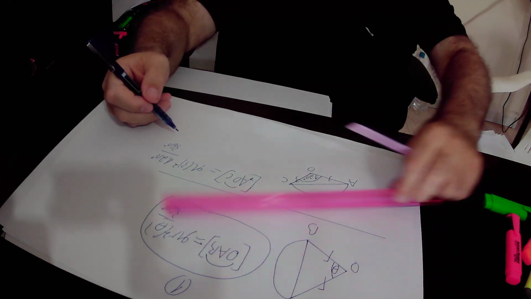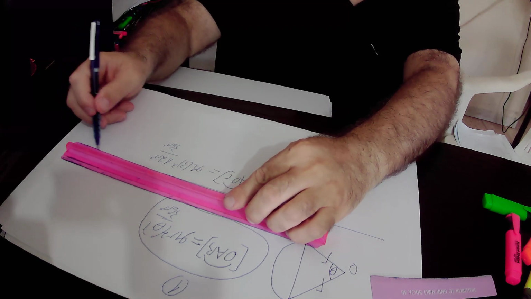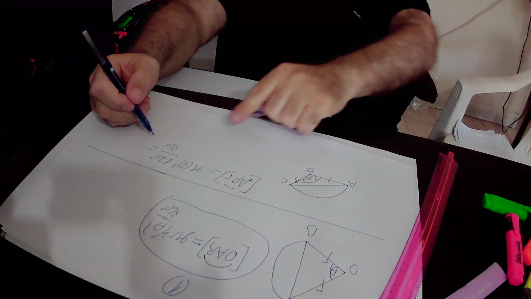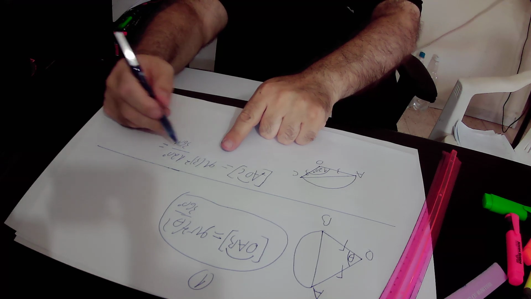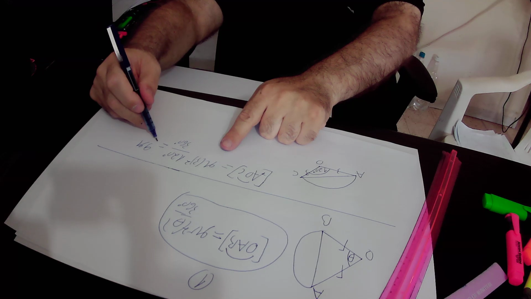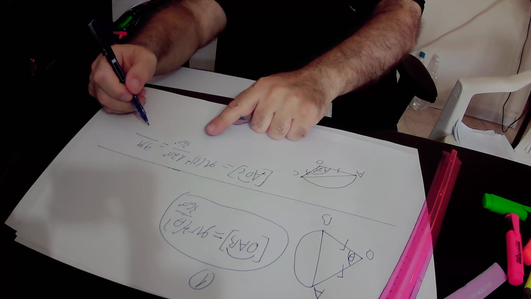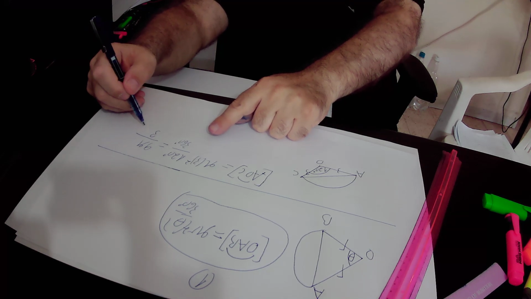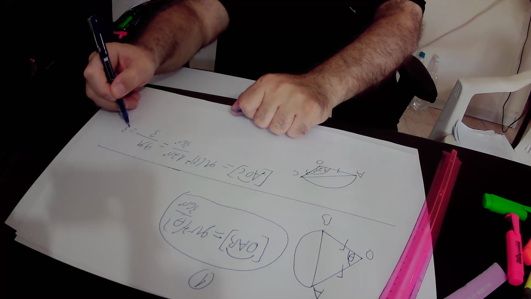Okay, so here three squared is 9, so this expression in total equals 9 pi. 120 degrees over 360 degrees is 1/3, so it is 9 pi over 3. 9 over 3 is 3, so in total this expression equals 3 pi.